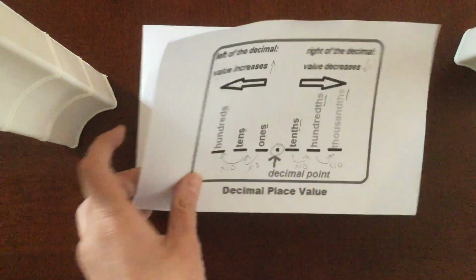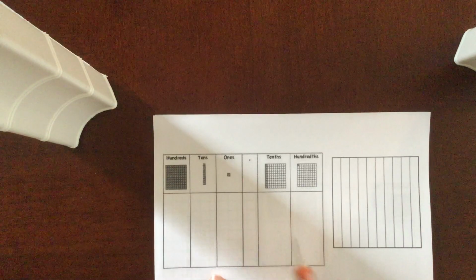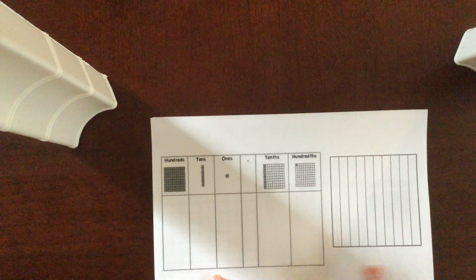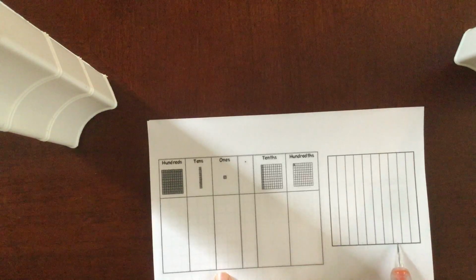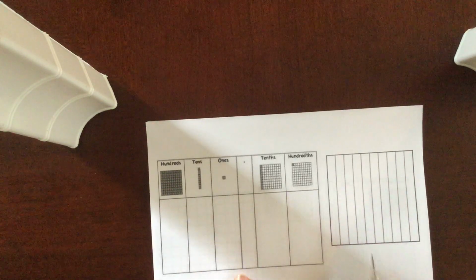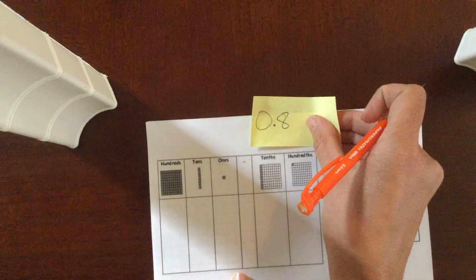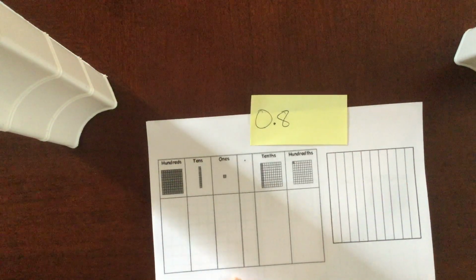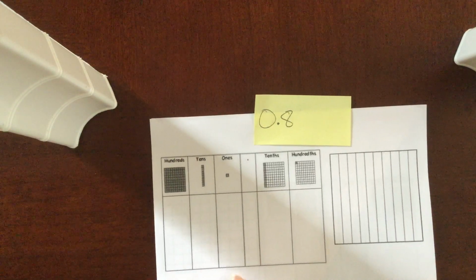Okay, so now we've got that. Now what I want to show you is putting everything together. Here is the new place value chart with the decimal, and we have tenths here. Let me make sure: 1, 2, 3, 4, 5, 6, 7, 8, 9, 10. Here's a fraction model of tenths. Say you see the decimal 0.8, and you're wondering how to write that as a fraction or what that means.